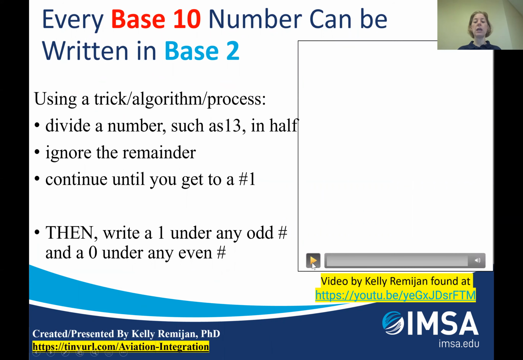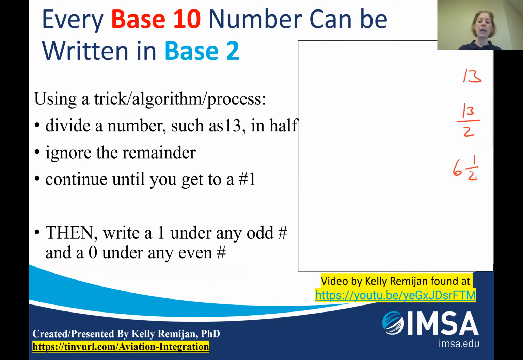If you are simply talking about division, improper fractions, remainders, this is a nice little activity that helps us to change any base 10 number into a base 2 number.